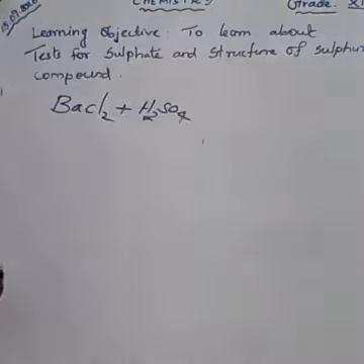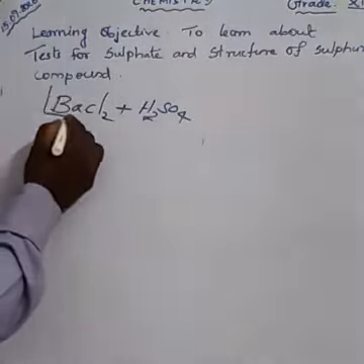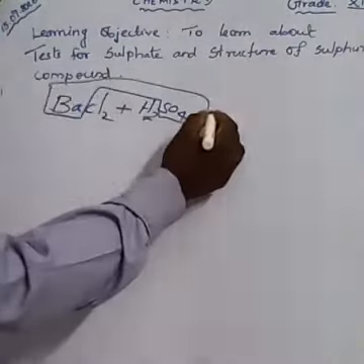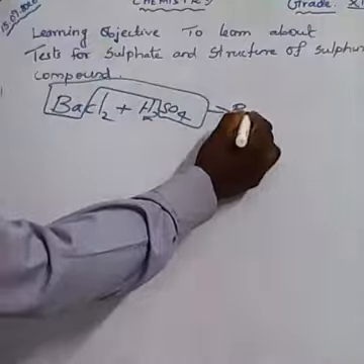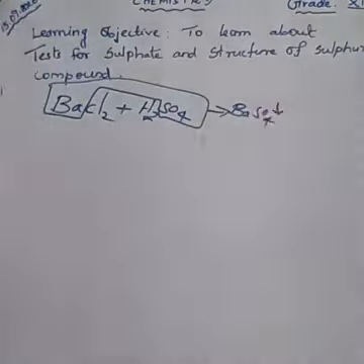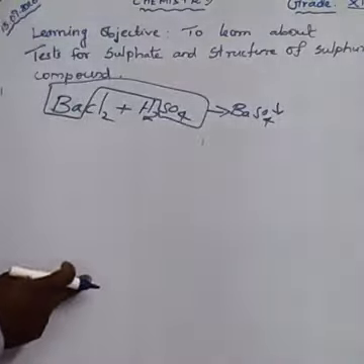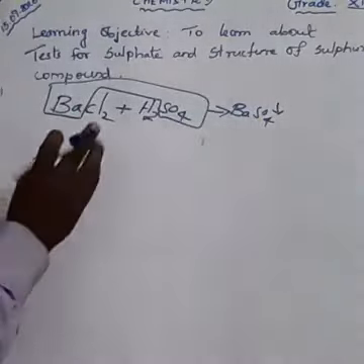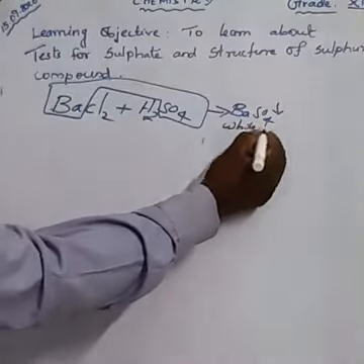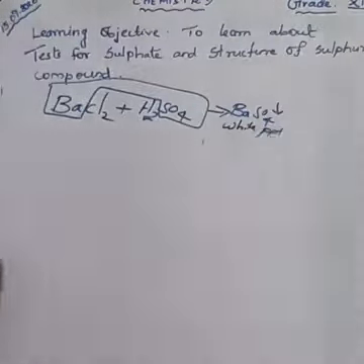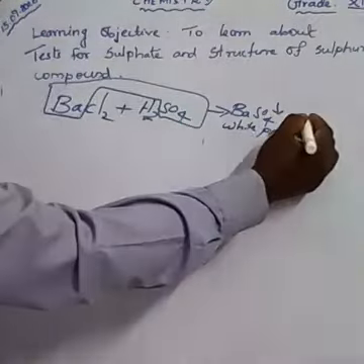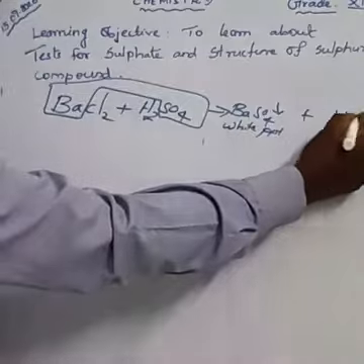This barium combines with sulfate to form BaSO4 precipitate. Give the arrow mark down. It's a white precipitate. Barium sulfate is a white precipitate. And also hydrogen combines with the chlorine to form HCl.